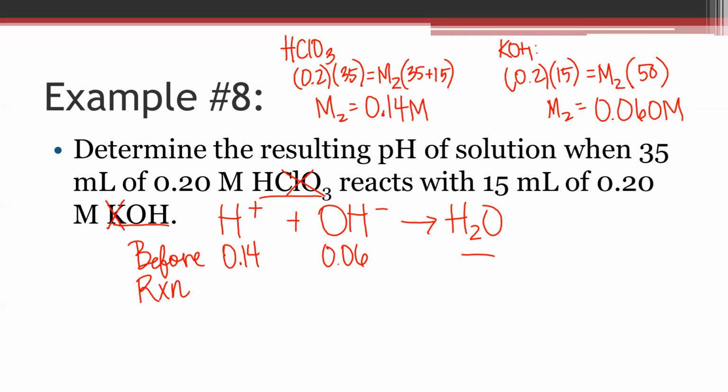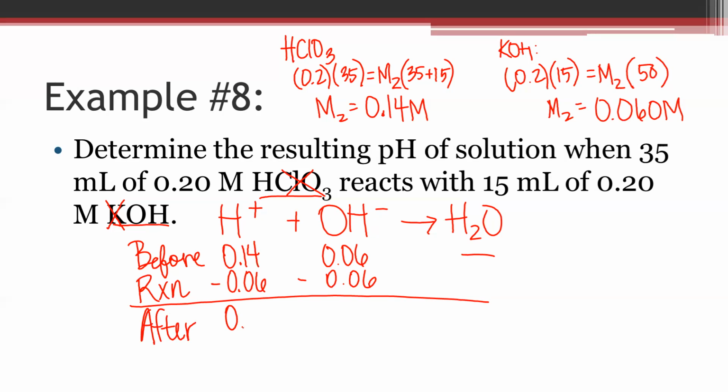Okay, so now when the reaction happens, we're going to use up the limiting reactant. And so it's pretty obvious that the hydroxide, the base, is the limiting reactant here. It's less than the acid. So we are going to subtract 0.06 from both. So after the reaction takes place, we now have 0.08.